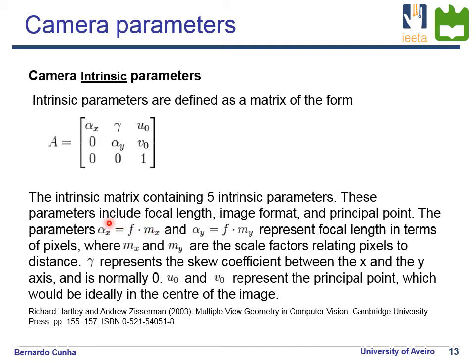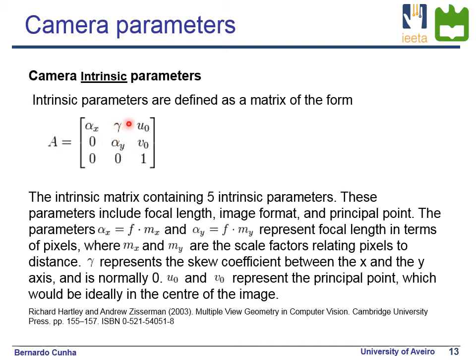Of course, this only makes sense in the case where pixels are not square. If pixels are square, then mx will be the same as my, and in practice you can consider this one, which means that these two values in this intrinsic parameters matrix will be the focal distance of the camera, which is the most common case, let's say.